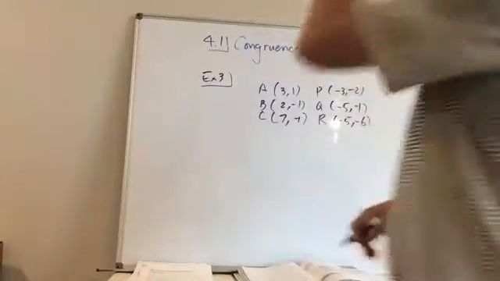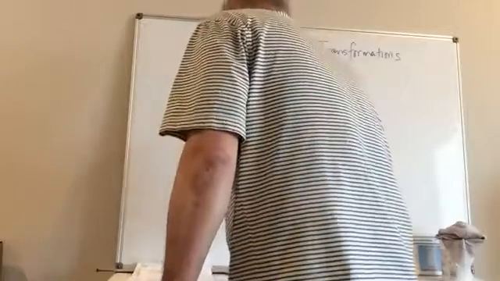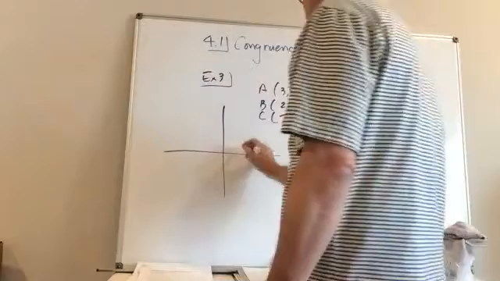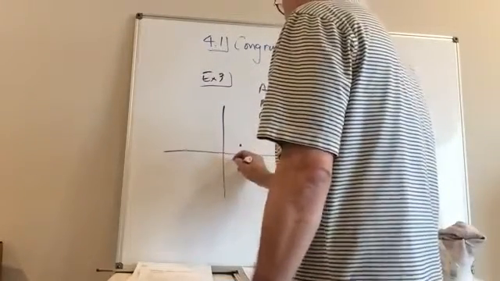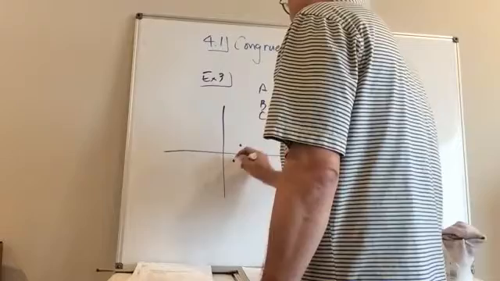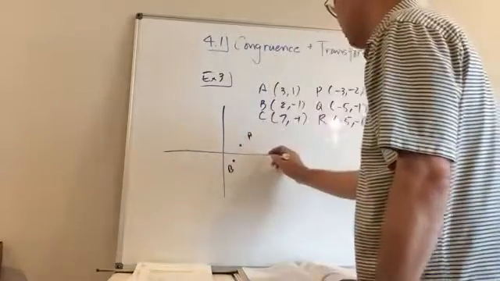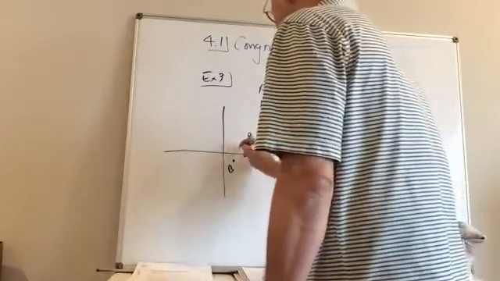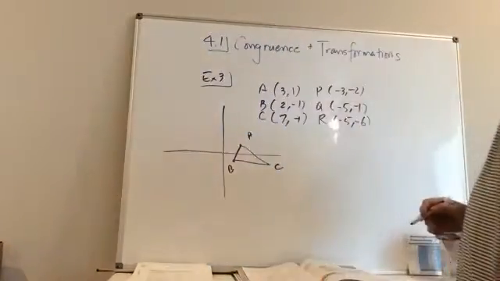Okay, let's go and draw it out. A is 3 and 1. B is 2 and negative 1. So this is A, this is B. C is 7 and negative 1, so this would be C. I have a triangle here.